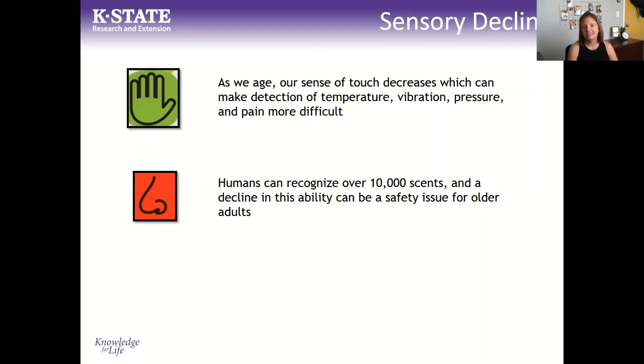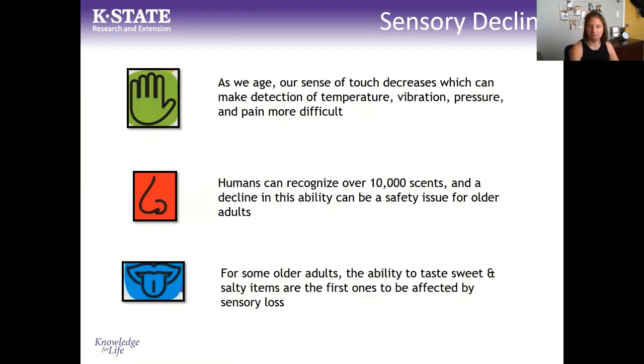Something else that some participants will bring up, but if not, I often do, is the ability to smell food that has spoiled or milk that has turned. For example, you may not be able to visibly see any mold or any growth on a food product, but perhaps you would be able to smell it. That decline in your sense of smell may be inhibiting that little safety check for you with your foods.